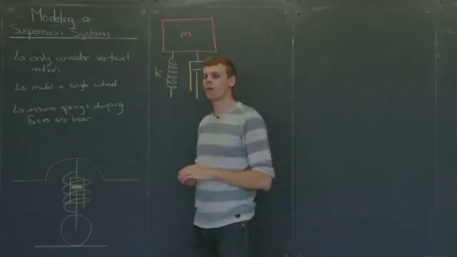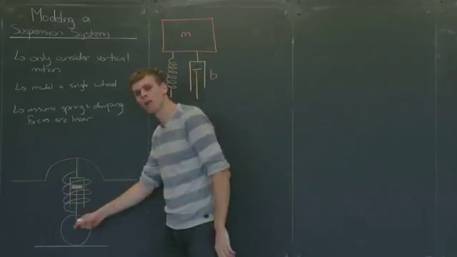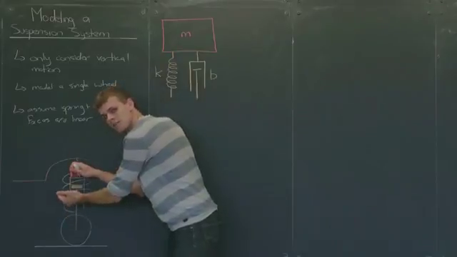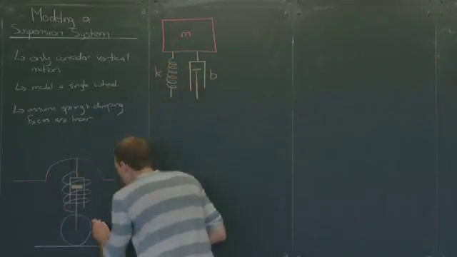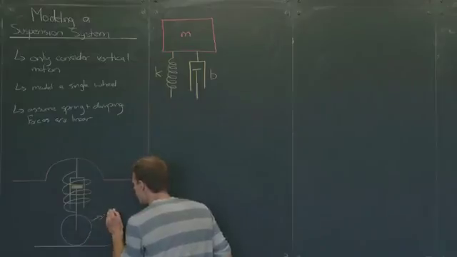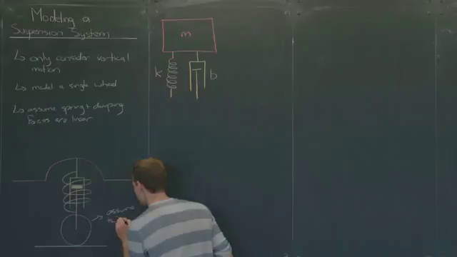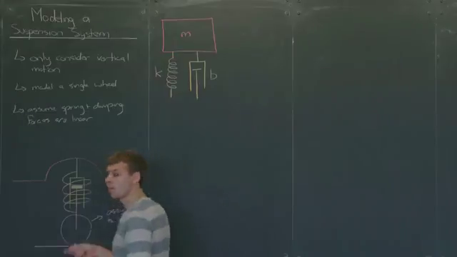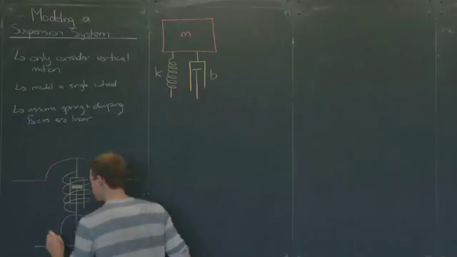In our model, however, we will assume that the deformations of the wheel are small compared to the deformations of the spring in the suspension system. Therefore, in our model, we will assume that the wheel is a rigid cylinder. We will also assume that the wheel is always in contact with the road.